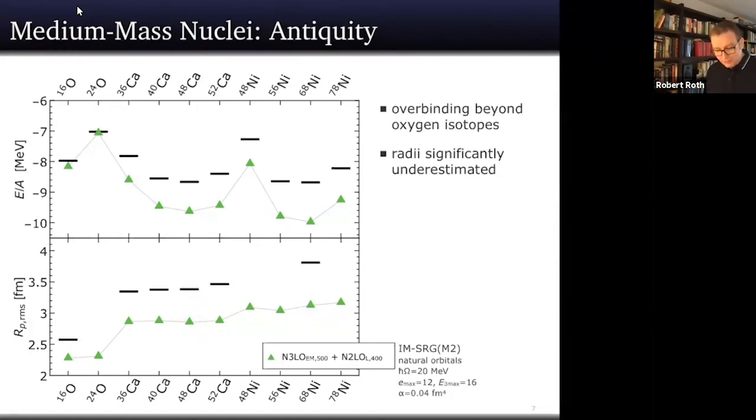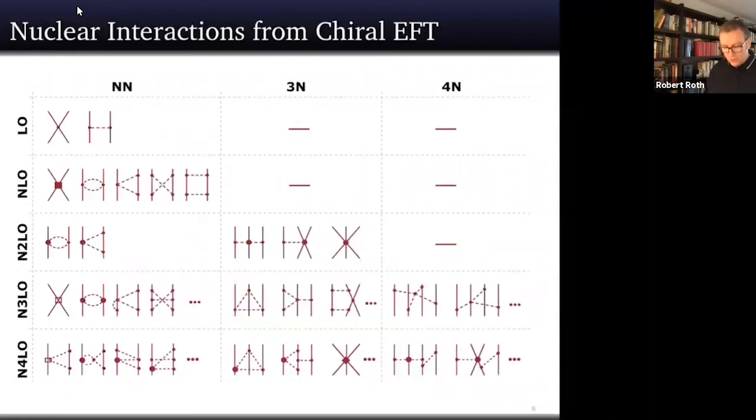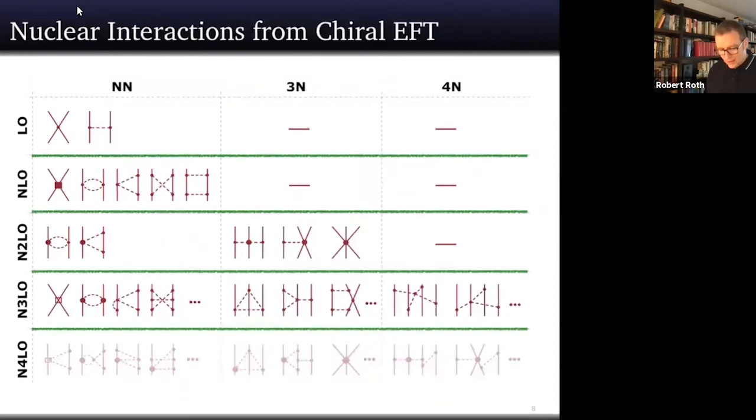Now, can you do better? Well, from the formal point of view, this map, you would say, okay, let's take this whole chiral power counting, the different orders and the systematicity seriously. Don't patchwork interactions, but just go level by level.